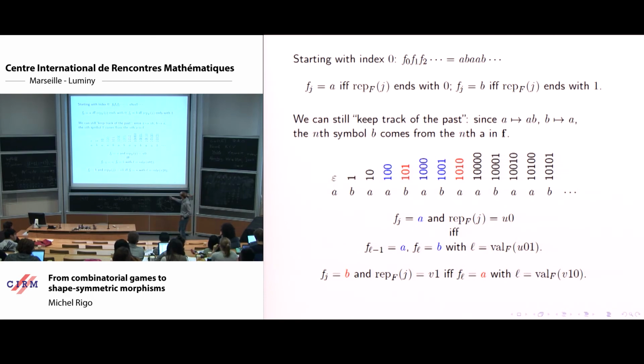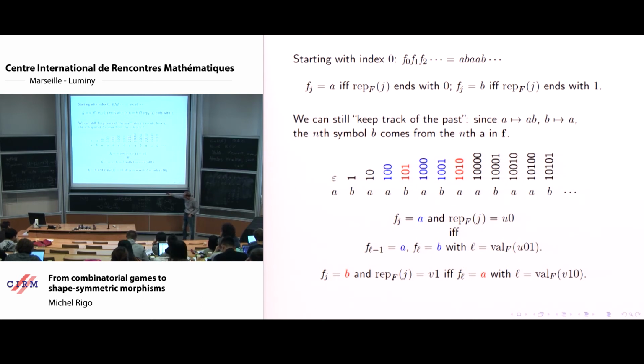If in some position J I have an A, this means that the Fibonacci representation of J ends with a 0, and therefore I will have an AB somewhere, and where is this somewhere? It's in the position corresponding to L, which is u01 written in the Fibonacci expansion.